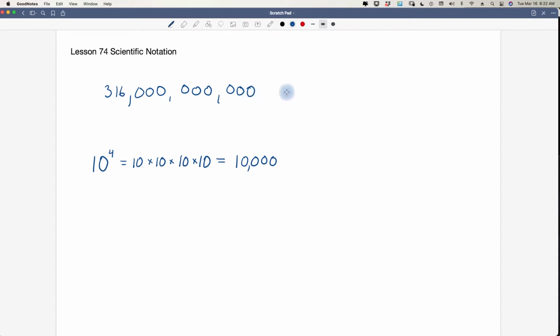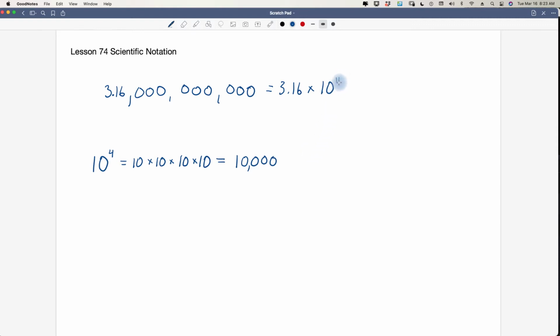So for instance, if we write it as 3.16 times 10, we count the spaces to where we want to put the decimal. In this case, the decimal starts here, so we count 1, 2, 3, 4, 5, 6, 7, 8, 9, 10, 11 is where we want to put the decimal. So this would be 3.16 times 10 to the 11th power.